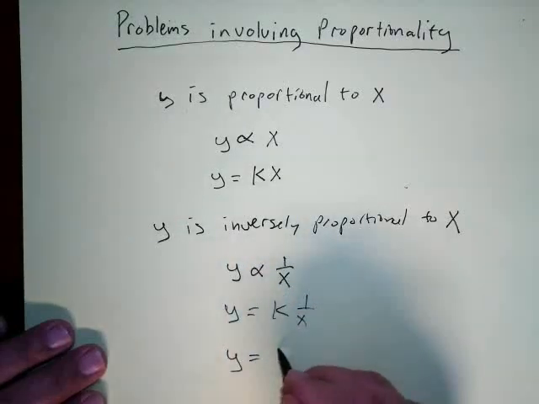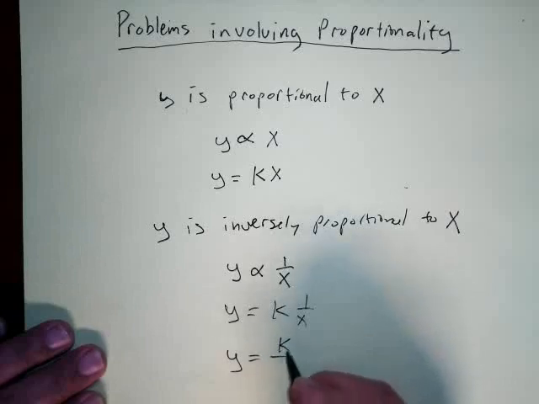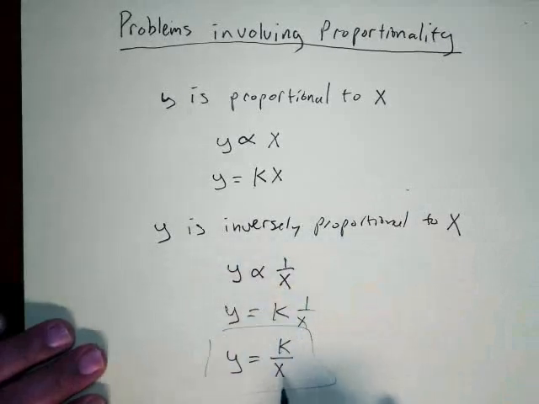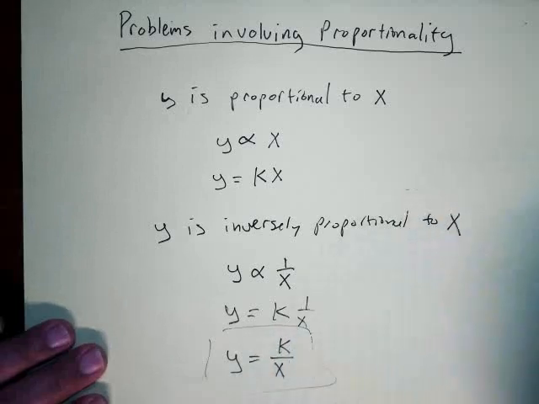And usually what we write is the constant over X. If Y is inversely proportional to X, we would write Y is equal to some constant divided by X. That's what it means.